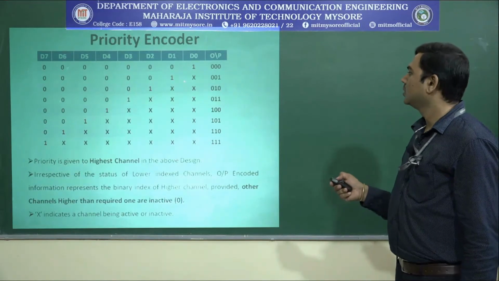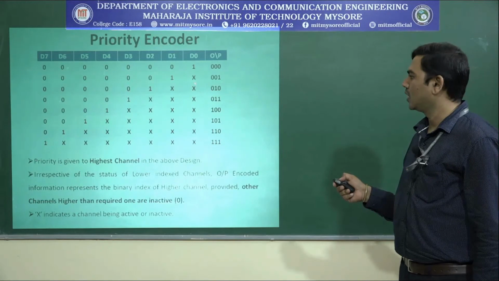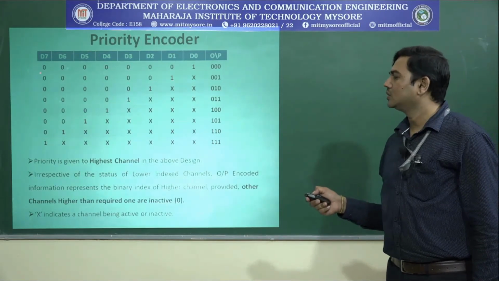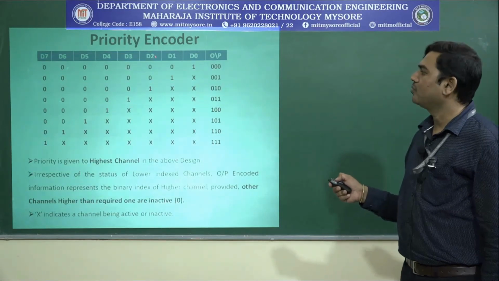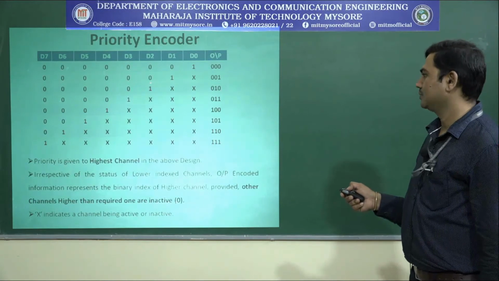Second row. We see a don't care in the D naught column, 1 in D1, and all channels starting from D2 up to D7 are zeros.